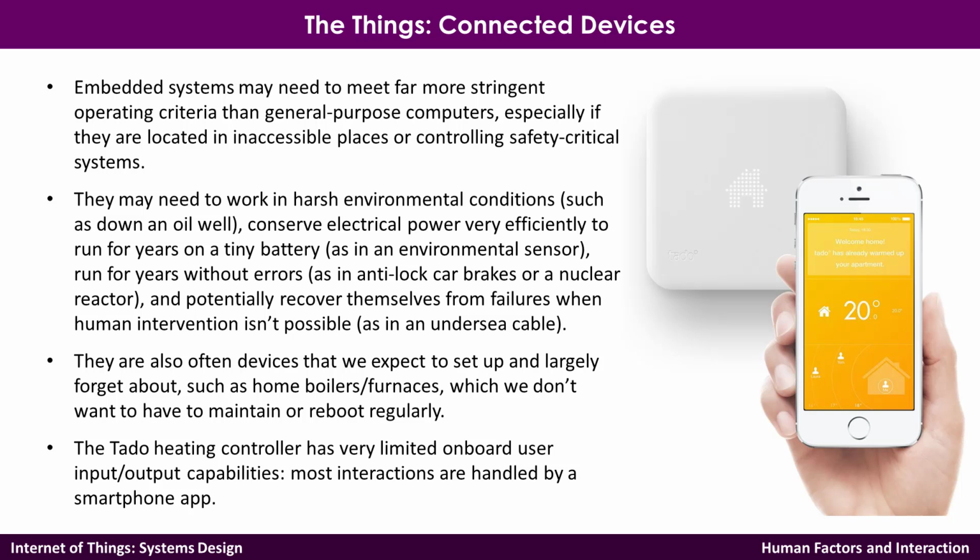And then they potentially should be able to recover themselves from a failure without human intervention as much as possible, because if you are deploying undersea cables across the ocean, it is not easy to go and fix things. So ideally these specialized devices should recover themselves if there are any unanticipated failures.